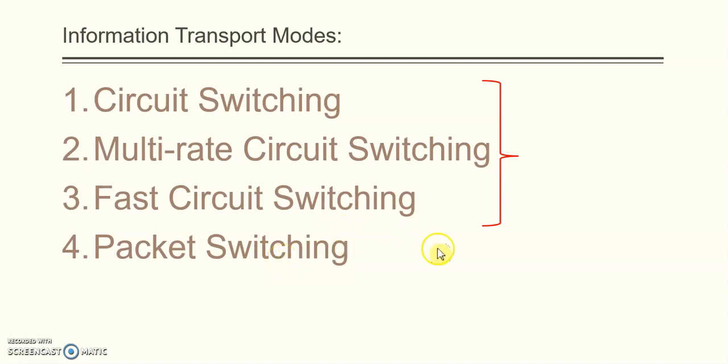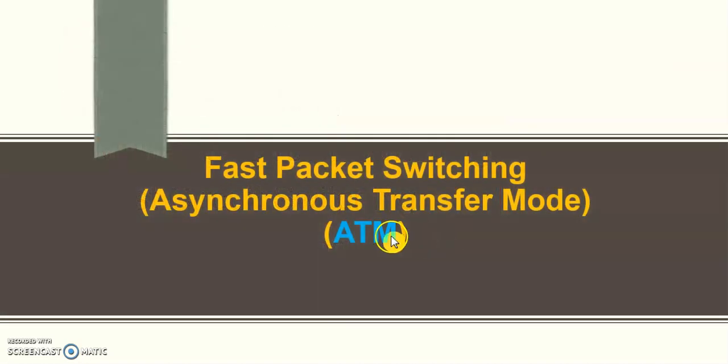A new transport mechanism to achieve these objectives was proposed, and that was called asynchronous transfer mode, or ATM, which was also called fast packet switching.